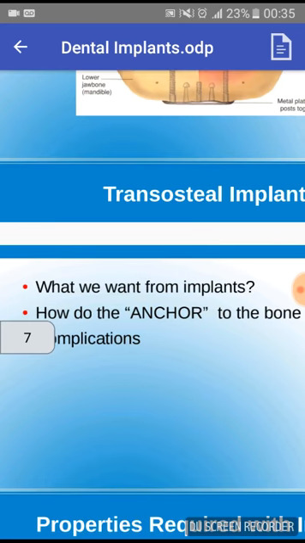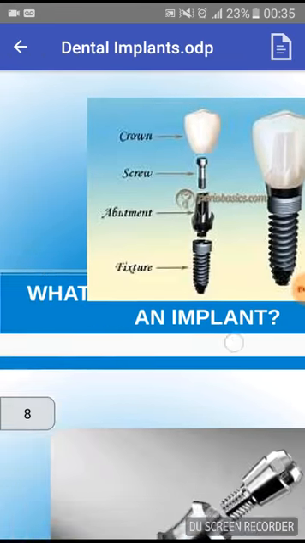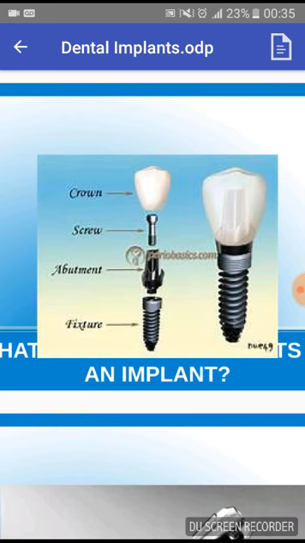Okay? Sorry for the sniffling again. Implants must have a high modulus of elasticity, and this is once again to disperse forces to the surrounding tissues. It must also have fracture toughness, meaning that it must be resistant to fractures or damage in itself.